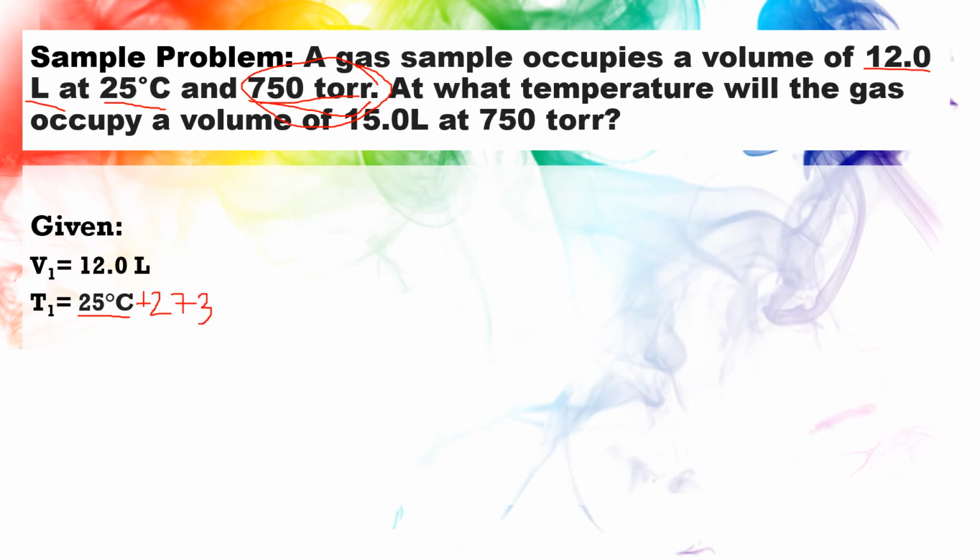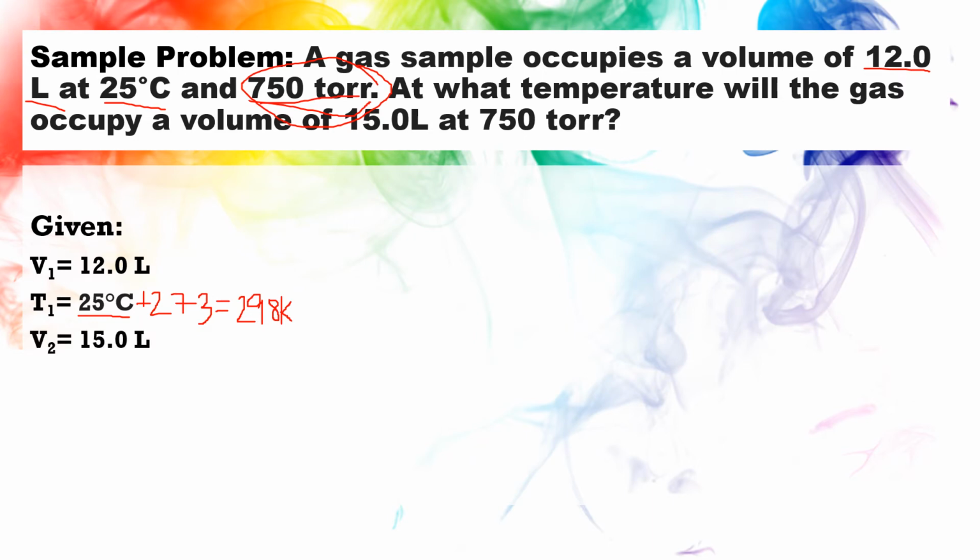So 25 plus 273 will give you 298 kelvins. So this will be the value that we are going to use.